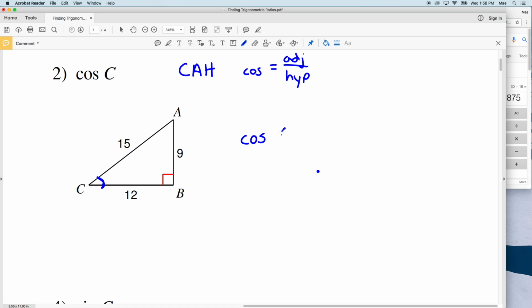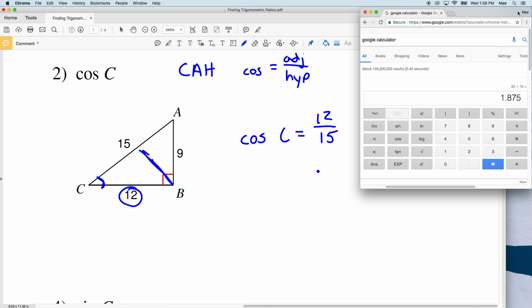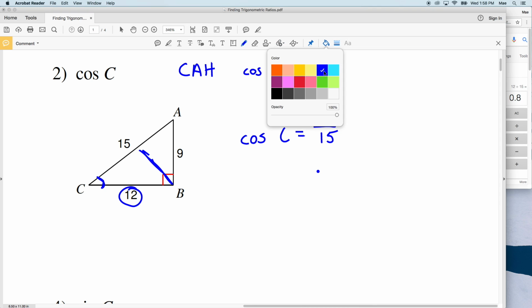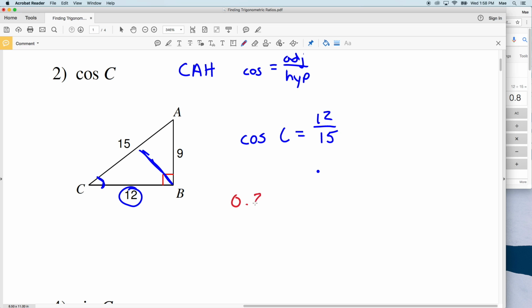So for the cosine of C, we have 12 is the adjacent over the hypotenuse, which we know the hypotenuse is always across from the right angle, and that's 15. Enter that into our calculator. 12 divided by 15 is going to give us 0.8, but we need to write this to the 10,000ths. So that's going to be 0.8, which is tenths, hundredths, thousandths, 10,000ths. So 0.8000.